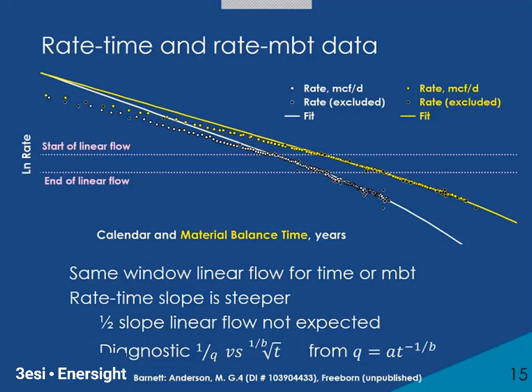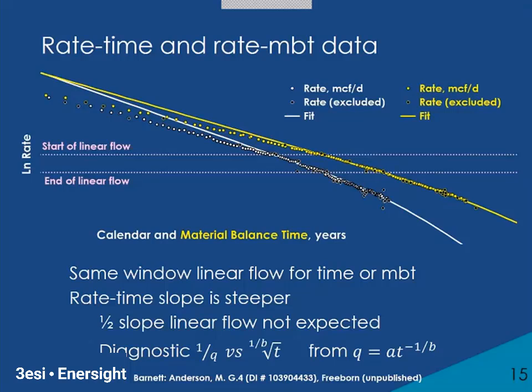But we no longer have a half slope on our rate versus time plot. Linear flow is a b-value that's less than 2. And so when we do square root of time on that diagnostic, it shouldn't be square root of time. It should be the 1 over b root of time.